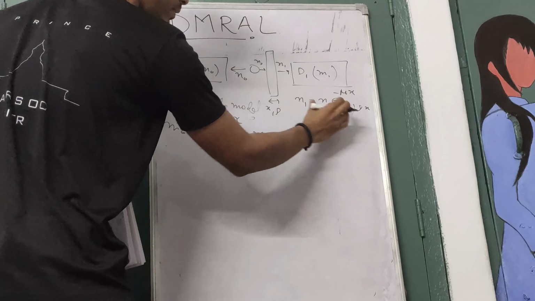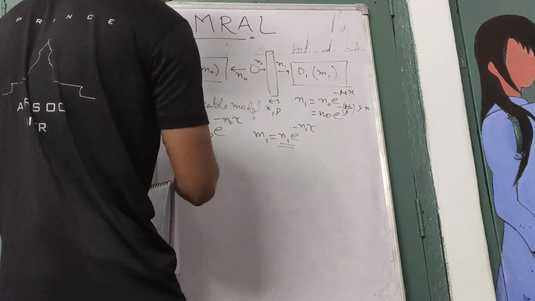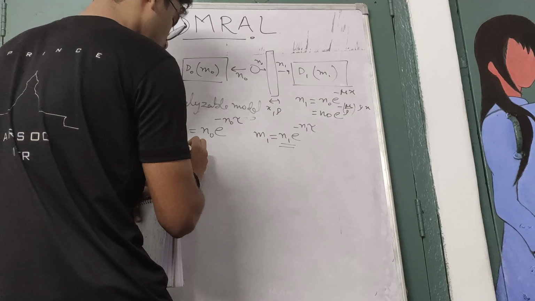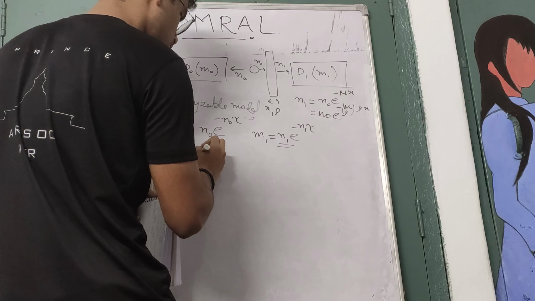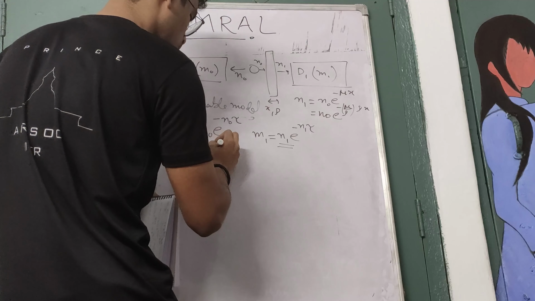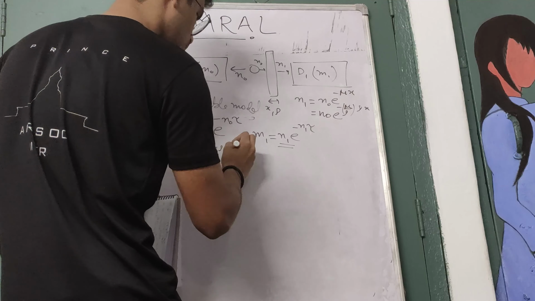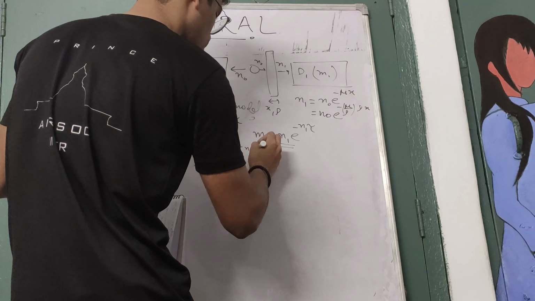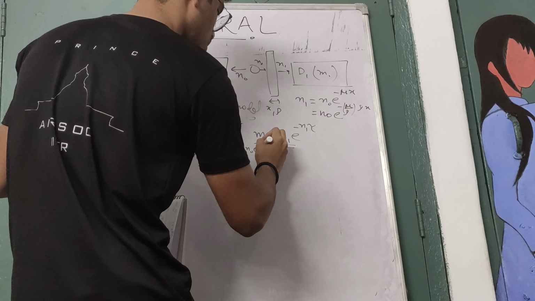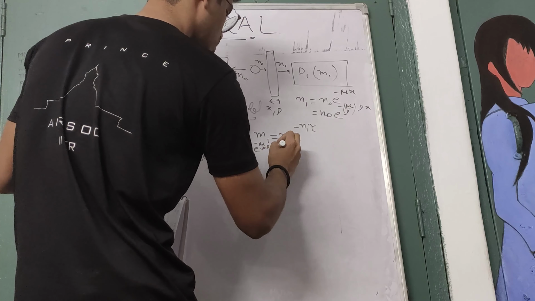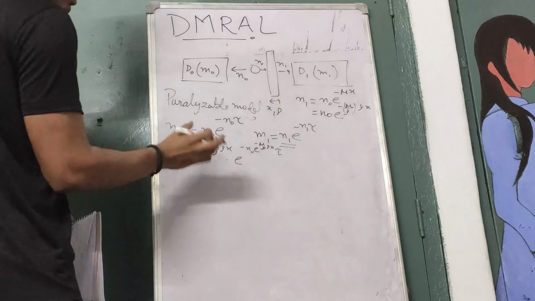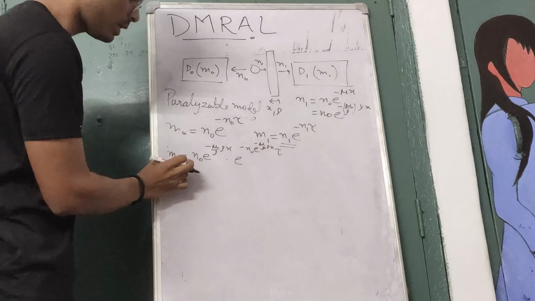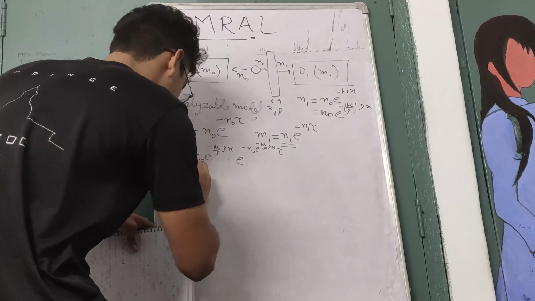By substituting the value of N1 in this equation, we'll get M1 is equal to N0 e to the power minus mu by rho x into e to the power minus N0 e to the power minus mu by rho into rho x tau. Again, we are going to take the ratio of M0 and M1.